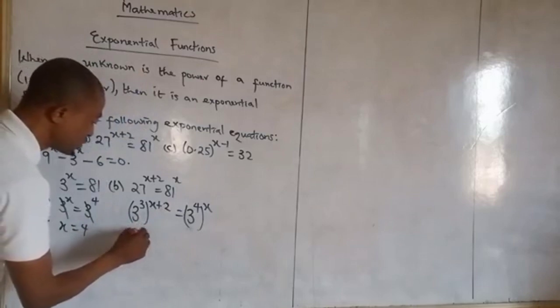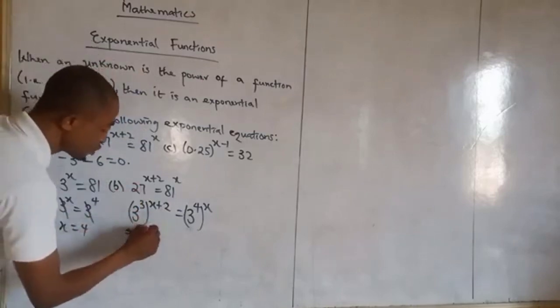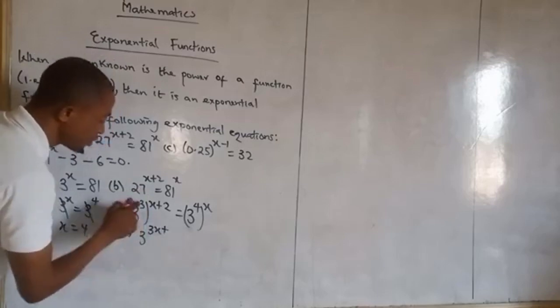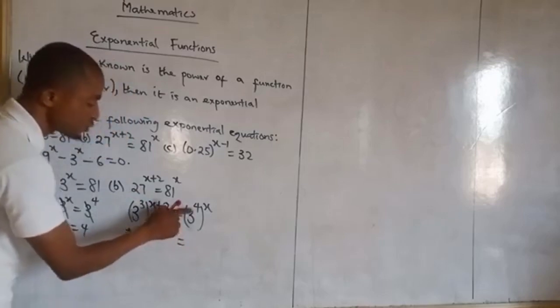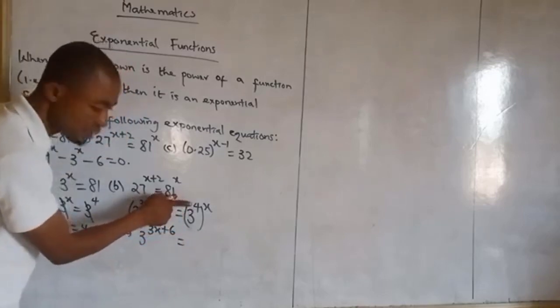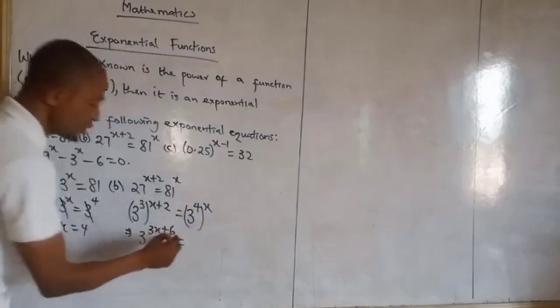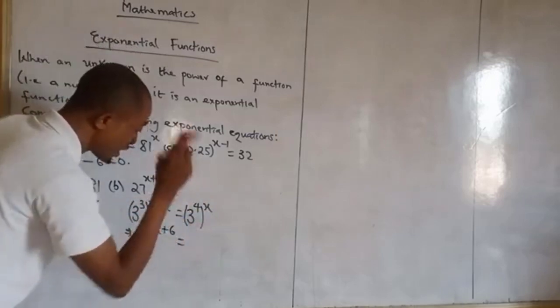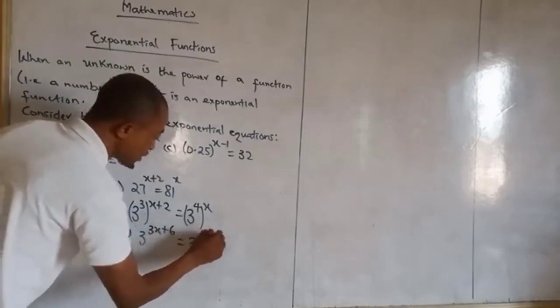So we have 3 to the power of this 3 will multiply this x. That will give us 3 to the power of 3x plus this 3 will multiply 2. That will give us 6, equal to, we open this bracket, that is we use this 4. It will also multiply this x. So from our power law, that is 3 to the power of 4x.